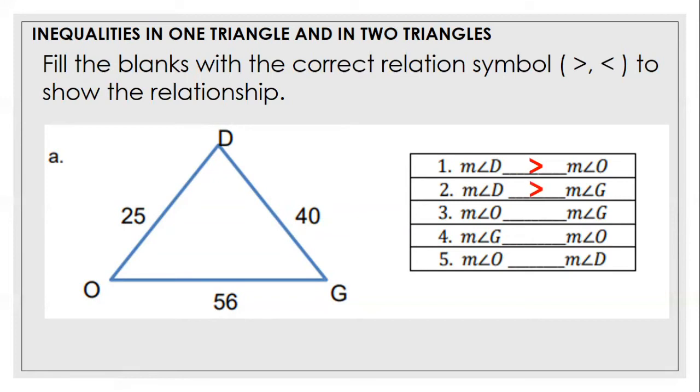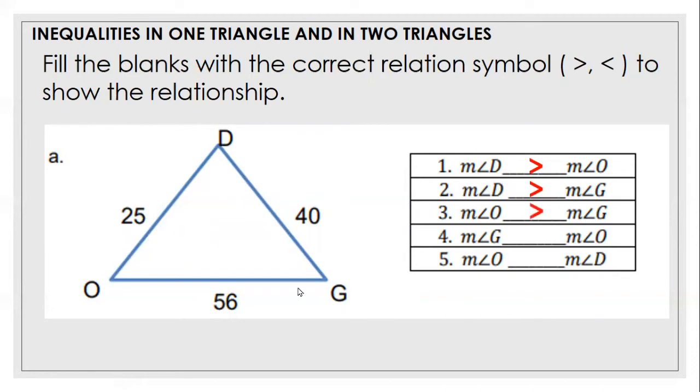Number 3, the measure of angle O is blank than the measure of angle G. The opposite side of angle O is 40. The opposite side of angle G is 25. So angle O is greater than angle G because 40 is greater than 25.